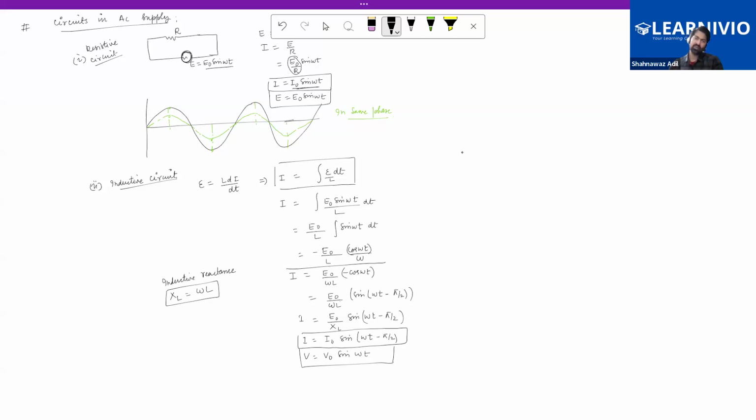Whenever you guys have noted, so here the current is lagging.